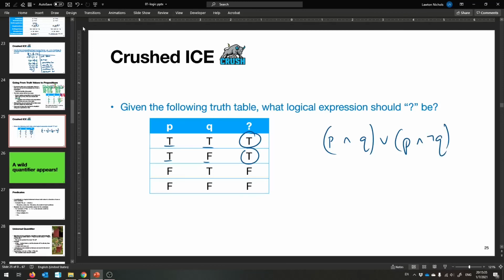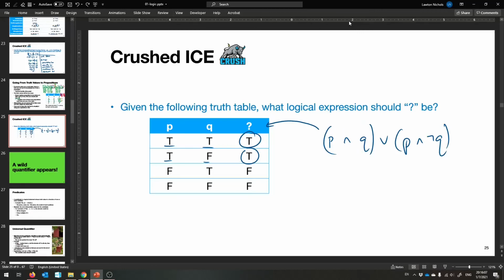And so we can verify that this is going to work. We've already done this one, so true and true is true. For this one, we have P is true, and not false, so true and true. We finally get true again. So yes, that's perfect. That should go here. And then these other ones should be false, because one of them is false in this case, so that's fine.